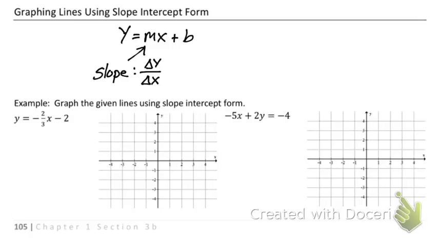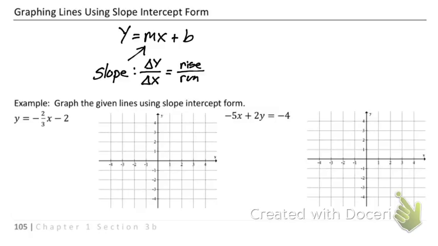Delta just stands for change, that little pyramid shape just stands for change. Change in y is our up and down. X values are our left and right. So you're more likely to see this as just rise over run. Up and down over left and right.